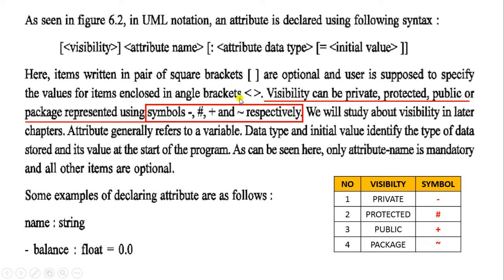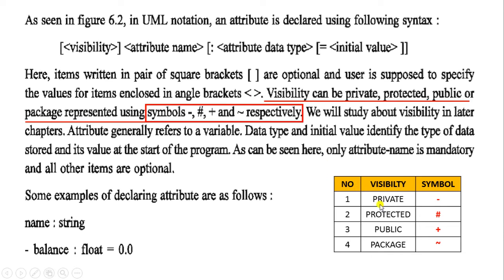Another point is visibility. That is a very important point from the exam point of view. Many times this is asked in exams. Visibility can be private, protected, public, or package. They are represented by different symbols.